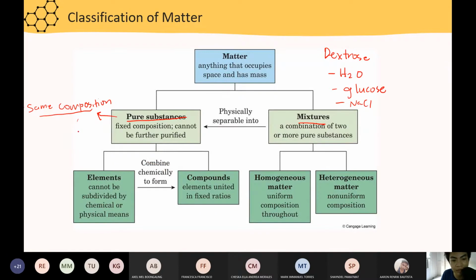It could be in elemental form or in the compound form. So let's distinguish the two now. When we say elements, we are talking about atoms of the same element.